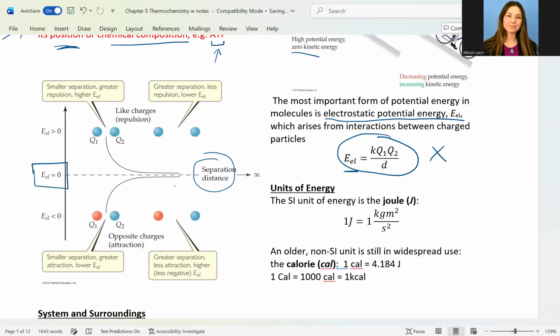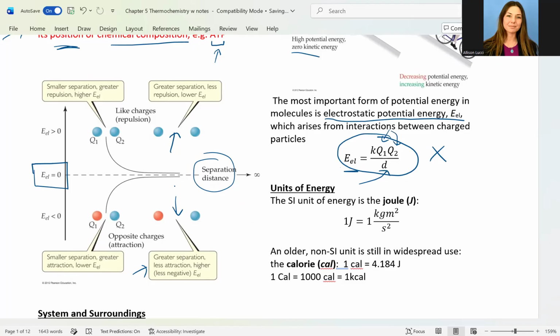At any other distance, we can see like charges would repel, opposite charges would attract, but this greater separation gives us less attraction. So that's what this image is showing us, that we need a certain distance of separation. That's alluded to down here, this D, and then we can have these opposing charged particles being held together.